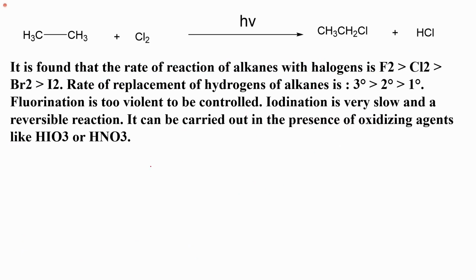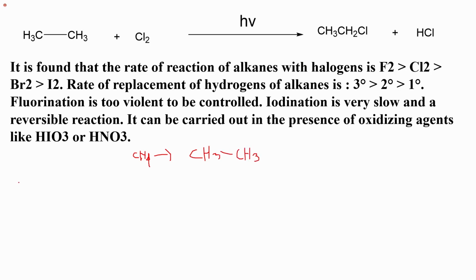Now suppose in the previous slide we discussed only CH4. This is the lowest alkane of the hydrocarbon family. Now we are going from CH4 to a higher carbon alkane, that is CH3CH3.